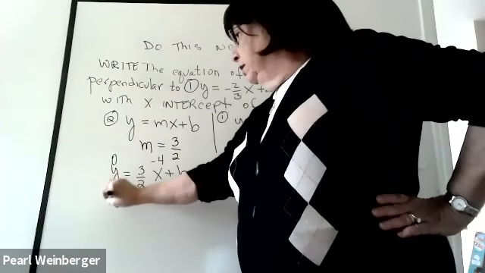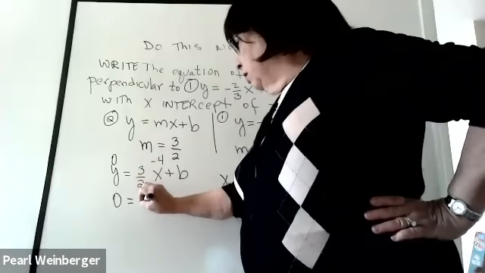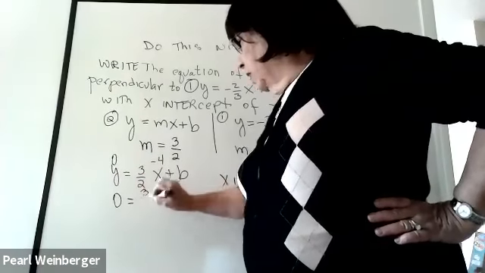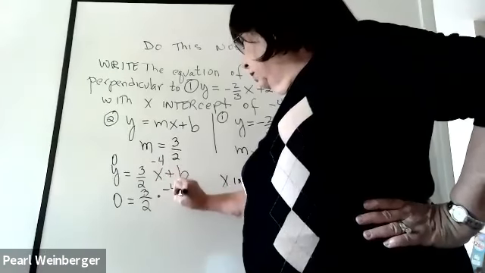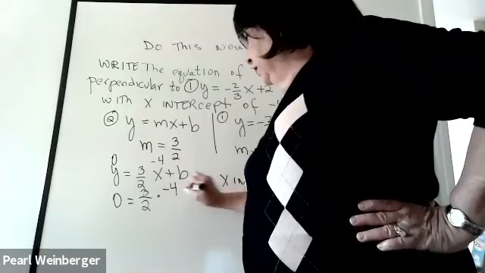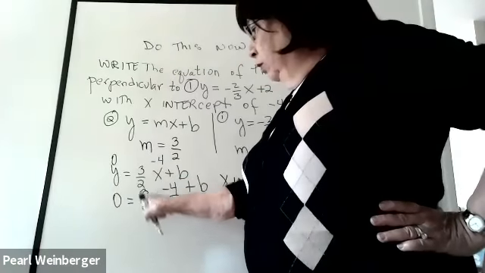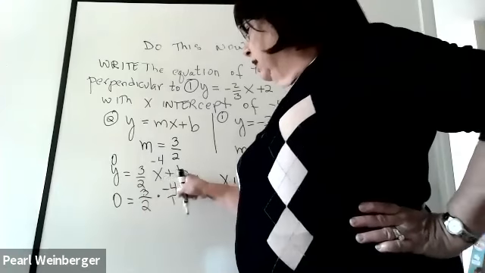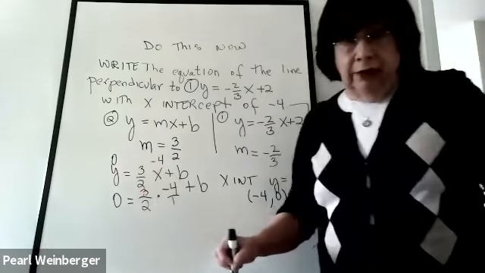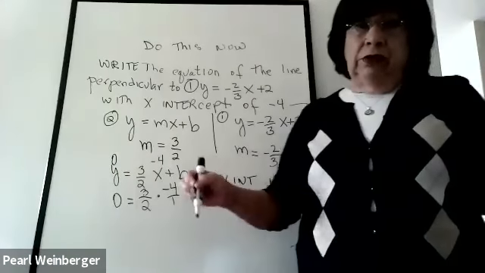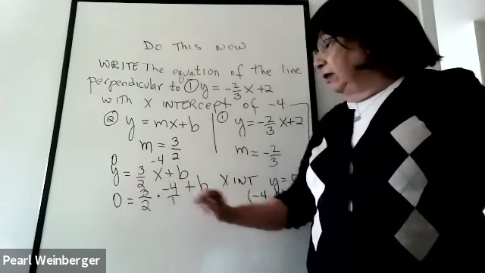This is going to be 0 equals 3/2 times negative 4 plus b. Now this negative 4 is over 1. And if you notice, when you multiply 3/2 times negative 4/1, which you could also do using your calculator. Get used to using your calculator. Multiply 3 divided by 2 times negative 4.